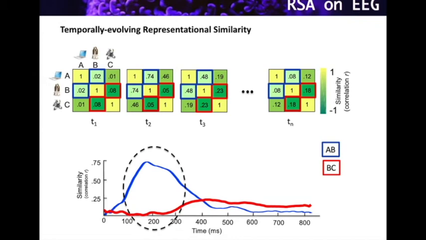This is simulated data, and that would basically express that dog and computer show higher similarity values at around 200 milliseconds, whereas dog and robot dog doesn't really show any similar pattern throughout the temporal domain.